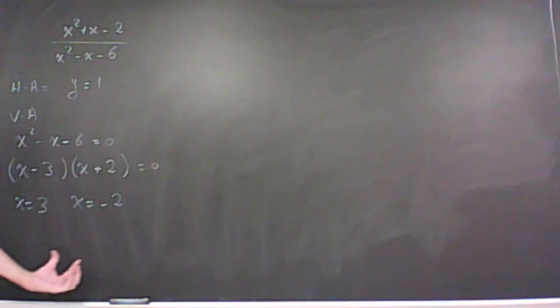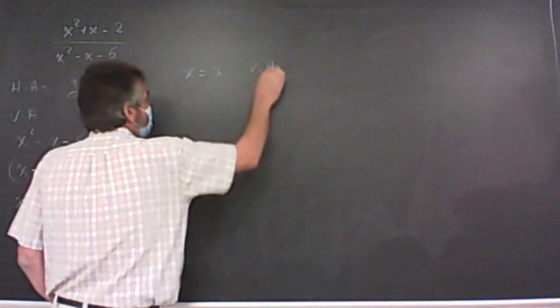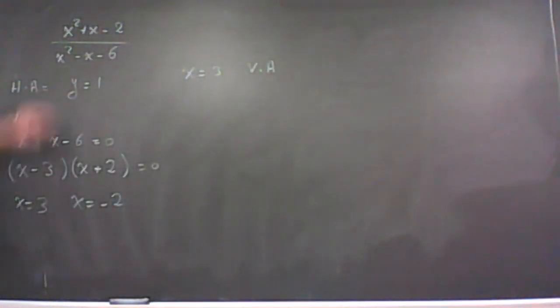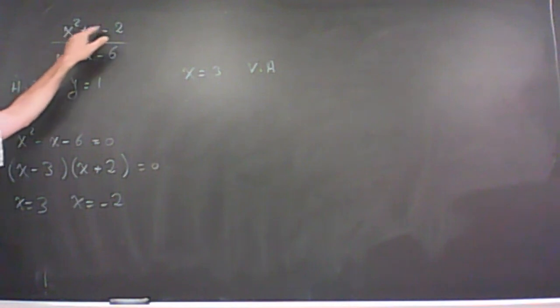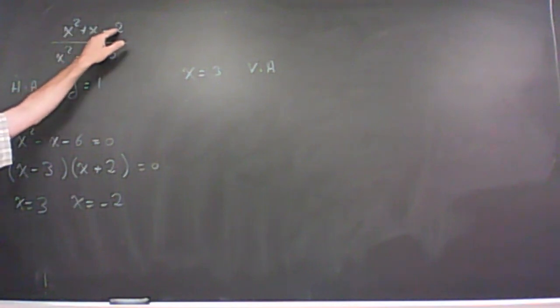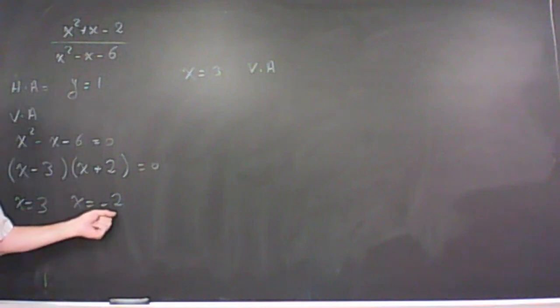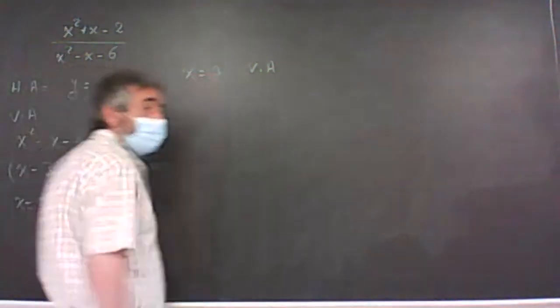So that is an asymptote, so x equals 3 is a vertical asymptote. Let's check negative 2. Negative 2 squared is 4. 4 take away 2 is 2. 2 take away 2 is 0. Is that a vertical asymptote? No. So the only asymptote we have is x equals 3.